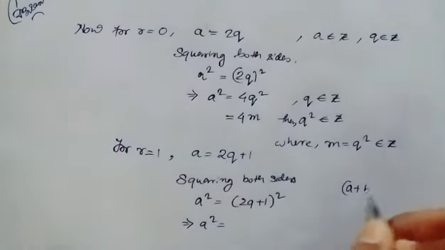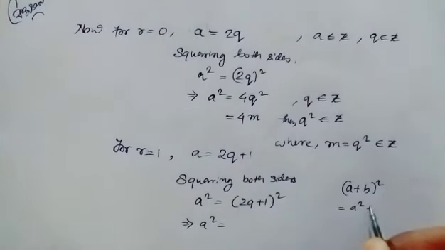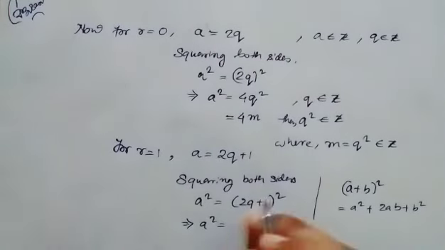The formula for a plus b whole square is a square plus 2ab plus b square, so we break this into 2q square plus 2 into 2q into 1 plus 1 square.